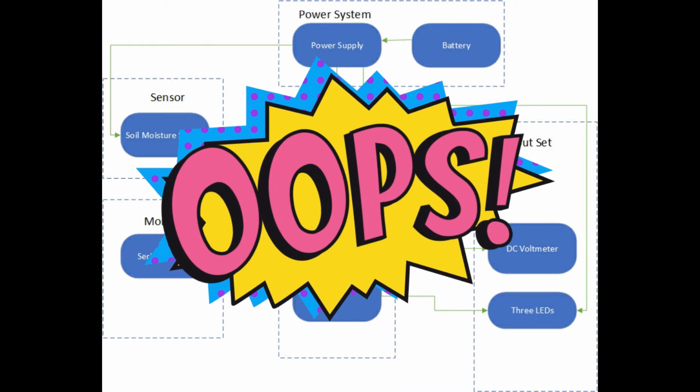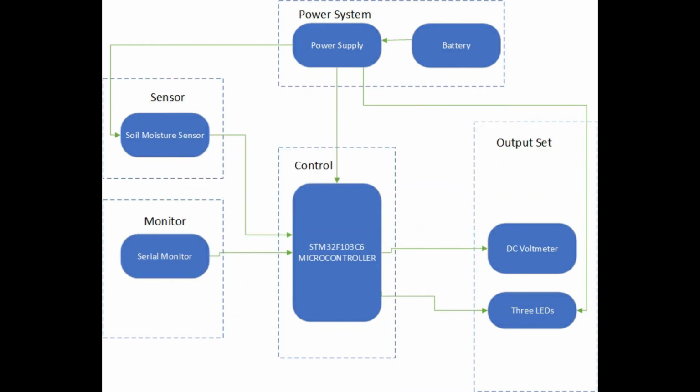Now I will explain the block diagram of my assignment project. This is my block diagram, as you can see. We have the battery as our power system. It will be supplied to the soil moisture sensor, to our microcontroller, and also to my LEDs.